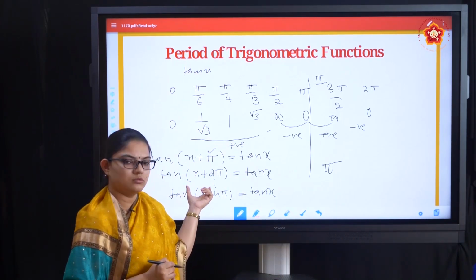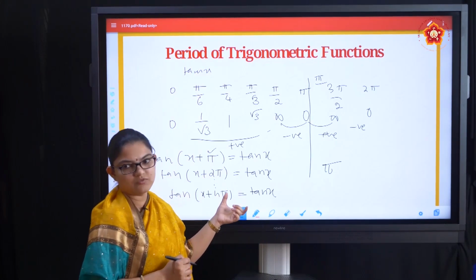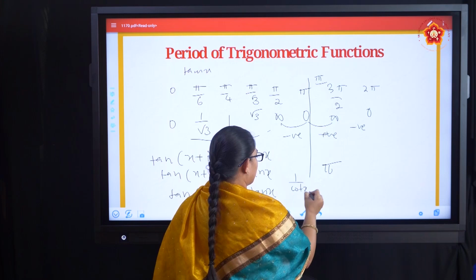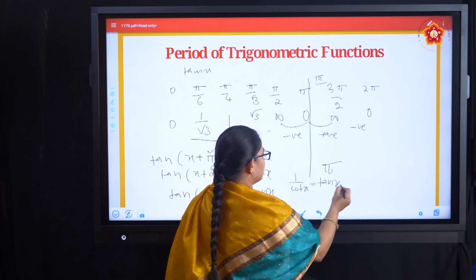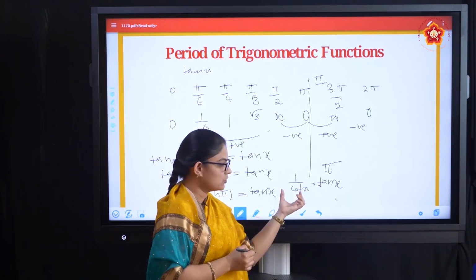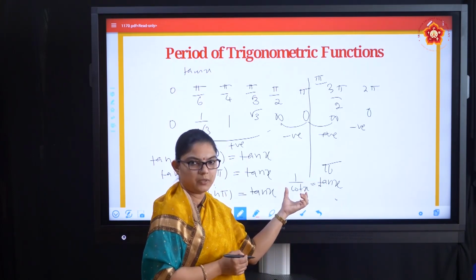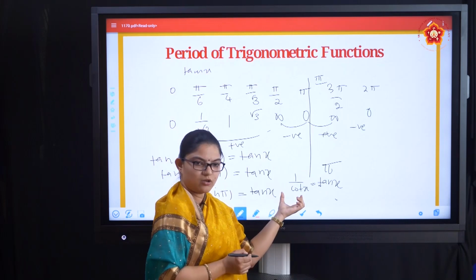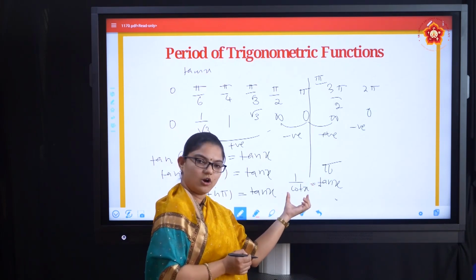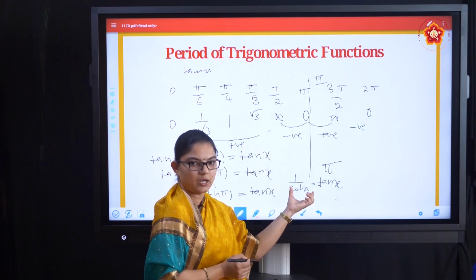Now coming to its reciprocal cot x, we know that the reciprocal of cot x will be tan x. We know that the period of tan x is pi, so therefore its reciprocal will also have the same period p. So that is 1 by cot x, that is tan x, will have period pi. So therefore we have cot x also has the same period pi.